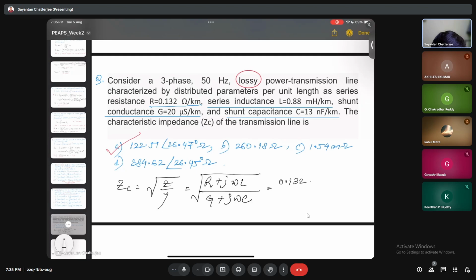So we'll have to just fit in these values. 0.132 plus j omega, where 50 hertz is given, so 314.2, and L is given, L is 0.88 into 10 to the power minus 3.